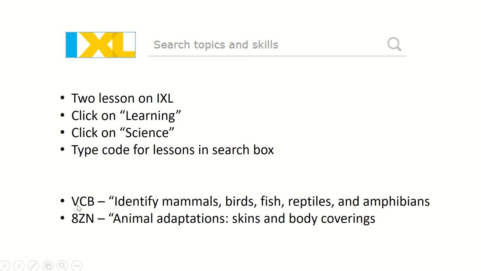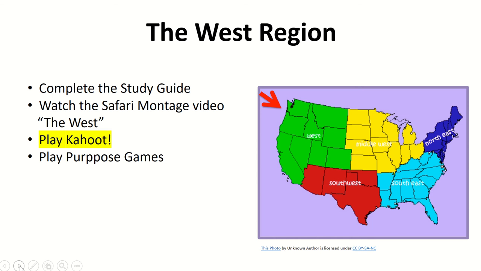The first one you're going to do is VCB, which is identify mammals, birds, fish, reptiles, and amphibians. Make sure when you type in the code, you see the title of the lesson. It should match up. The other one is 8ZN, which will take you to animal adaptations, skins, and body coverings. So those are the 2 IXL lessons that you'll be doing this week.